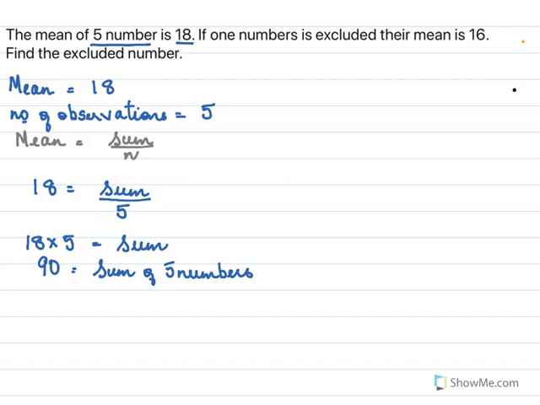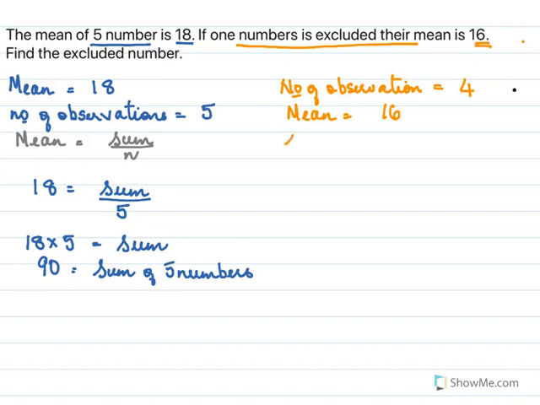Now the next part says if one number is excluded. So number of observations now: one number is excluded, so number of observations will no longer be 5, will be 4. The mean becomes 16. So mean equal to 16.